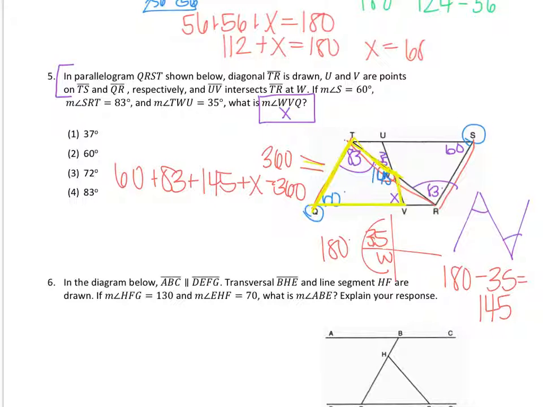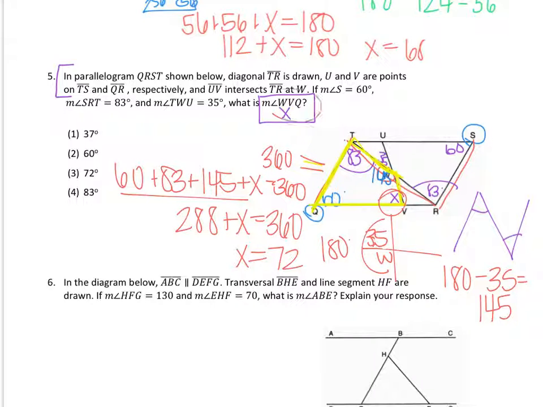So do a little bit of math here. Grab a calculator, plug these three numbers in, 60, 83, 145. And we end up with 288 plus x equals 360. So we're subtracting 288, and we find that x is equal to 72.